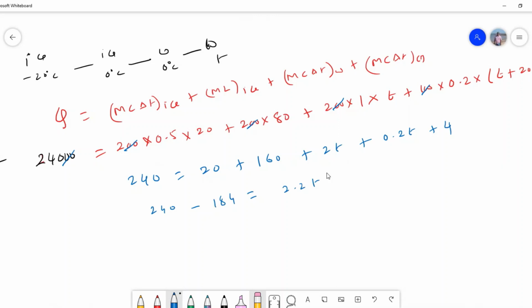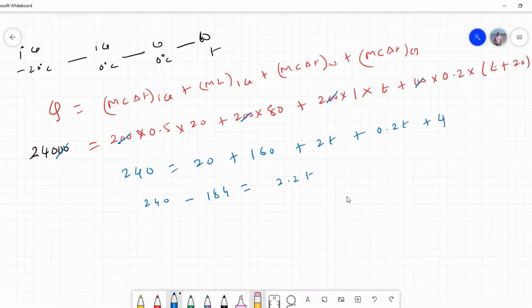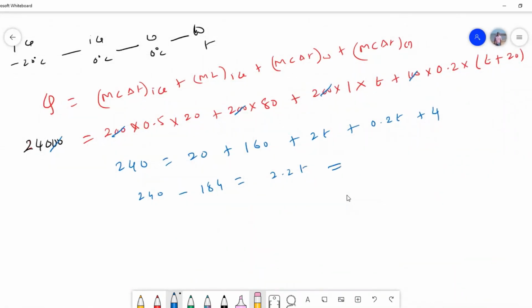So let us calculate the value of that. So this implies T is equal to 240 minus 184, which is 56, whole upon 2.2.